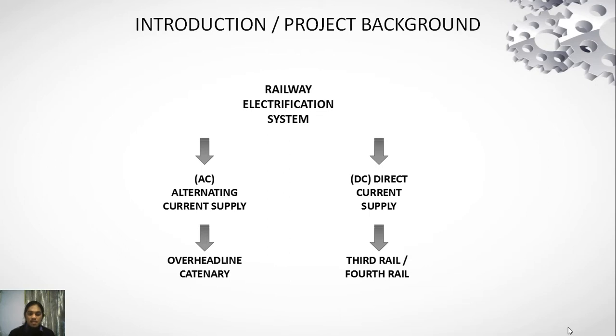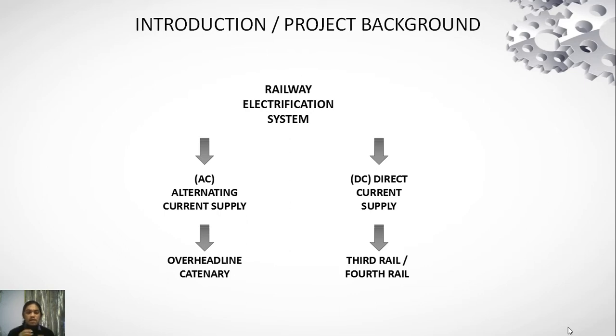AC can be operated with an overhead line or catenary, while DC supply can be operated with a third rail or fourth rail system. Each system has its own shortcomings, such as low-level power supply and high-level noise.